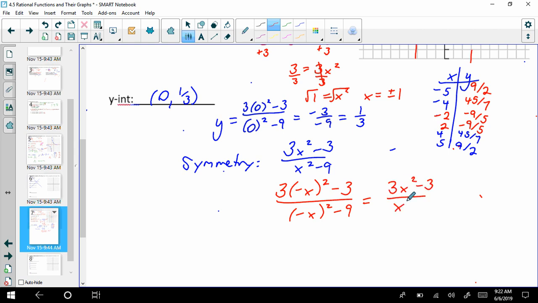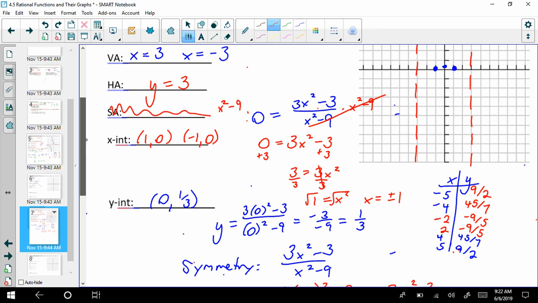Same thing on the bottom. Notice, even when I replaced all the x's with the negative x, I got the same exact thing out that I started with. If that happens, remember that means y-axis symmetry. If I would have got the exact opposite out, that's origin symmetry, opposite origin.